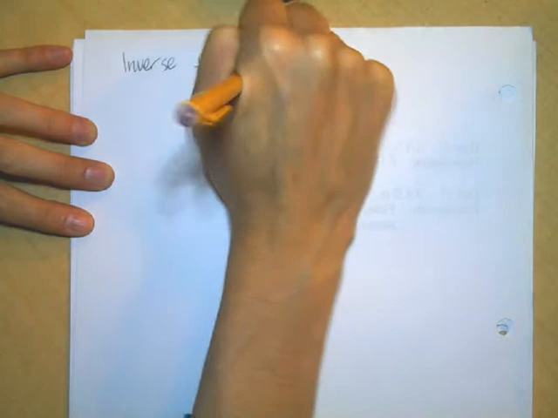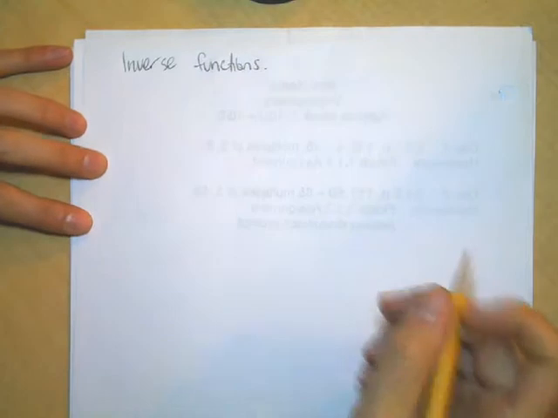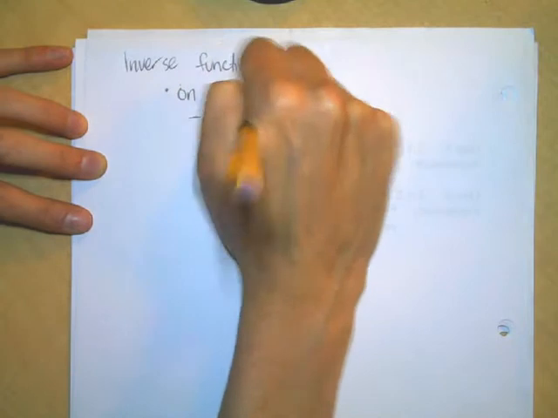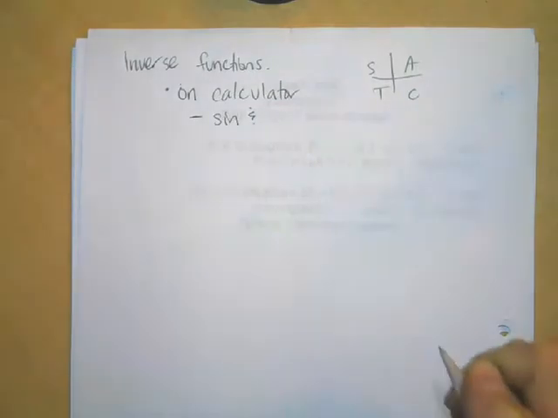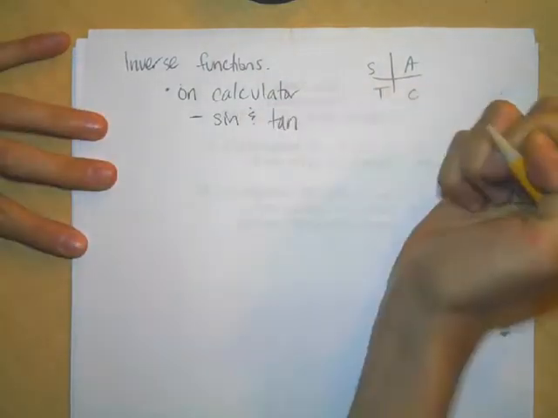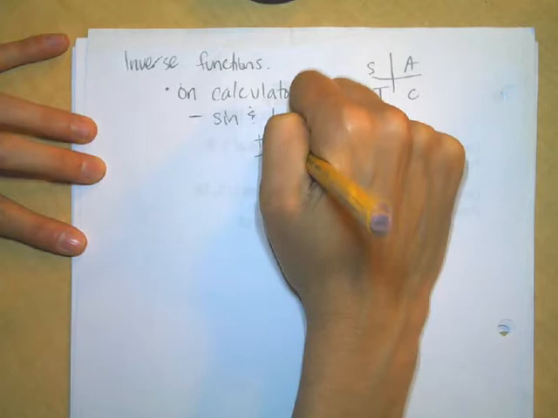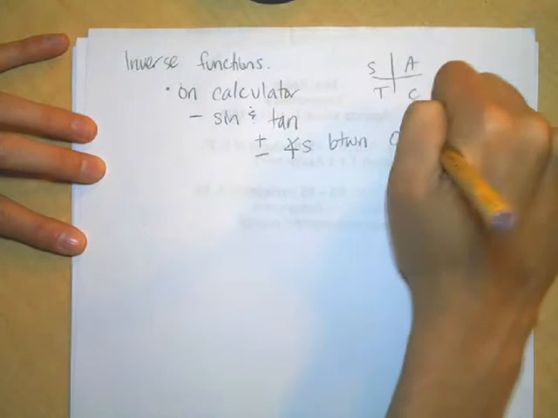When you use inverse functions on your calculator for sine and tangent, they only give you positive and negative angles between 0 and 90.